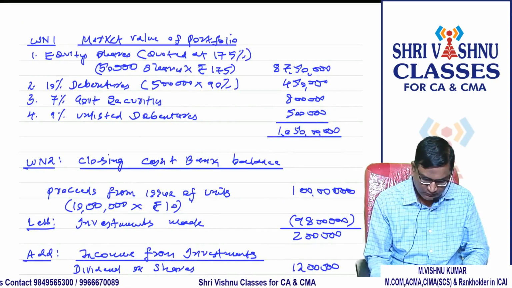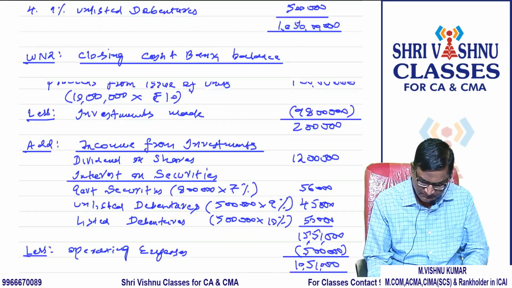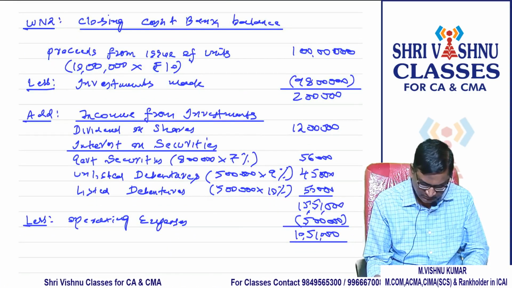So market value of portfolio 1 crore 50 lakhs. Closing balance of cash and bank 10 lakh 51,000.